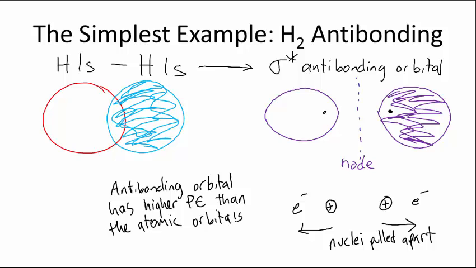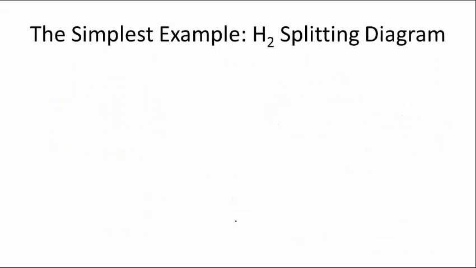So what we have is two atomic orbitals. They come together, they make two molecular orbitals. And now I'm going to show you the conventional way to represent this. We call it a splitting diagram. In a splitting diagram, you represent atomic orbitals on the outside.